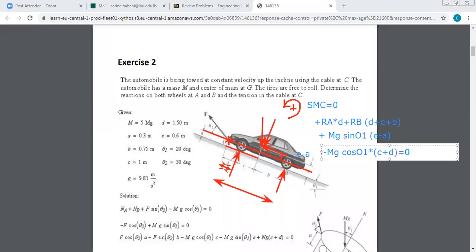So now I have until now 3 equations with 3 unknowns. It's a system, so I can use my calculator to find my 3 unknowns. Any question on this problem?